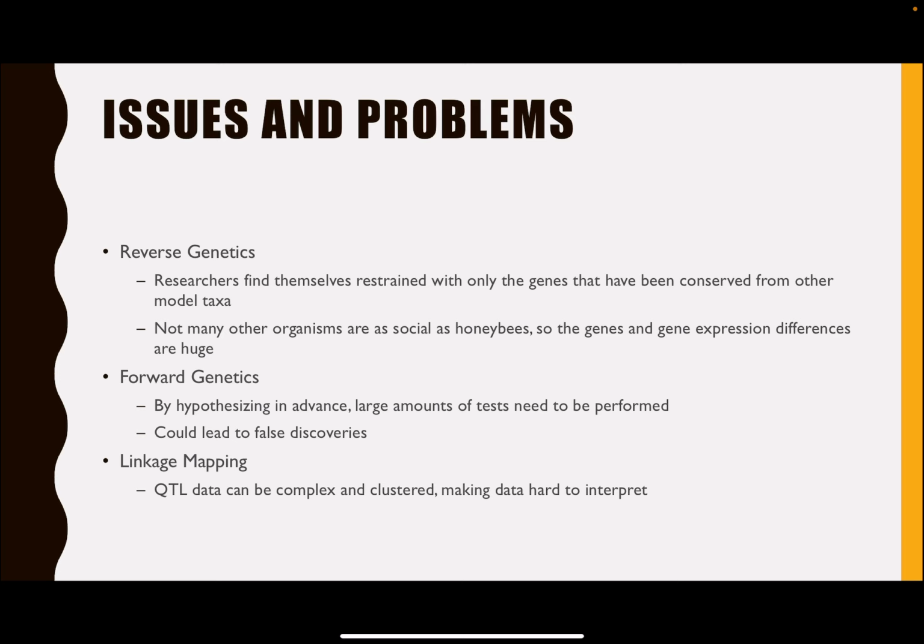The final option, linkage mapping, as you've seen in the two images of the linkage maps, they are clustered and they are confusing, and there's a lot going on there, so it makes the data extremely hard to interpret. So it's just not commonly used at all because there is so much to interpret.